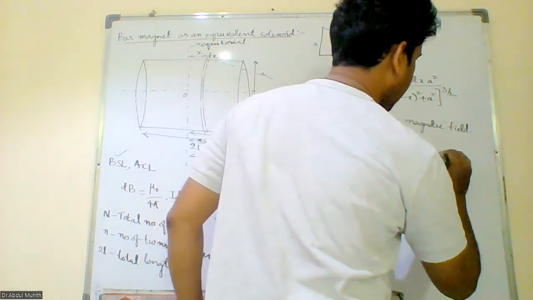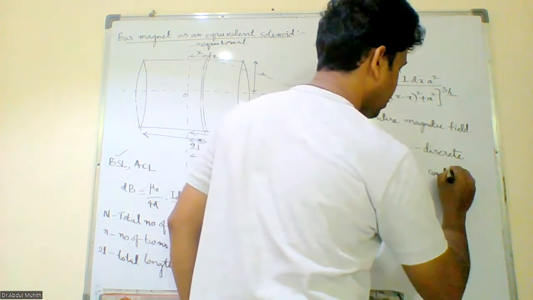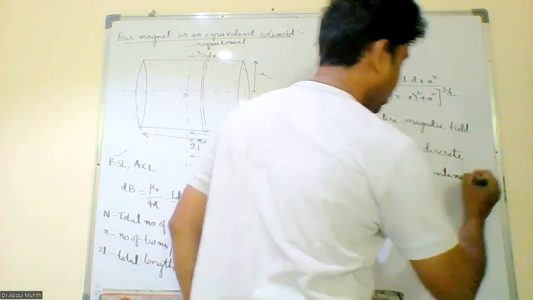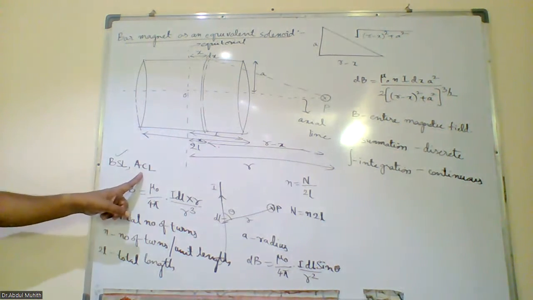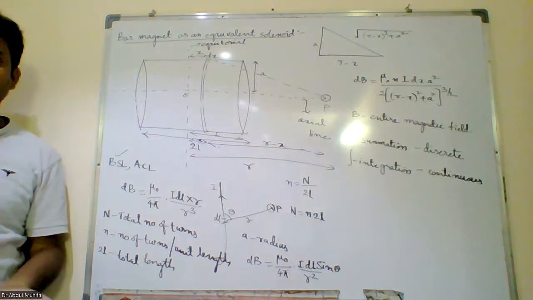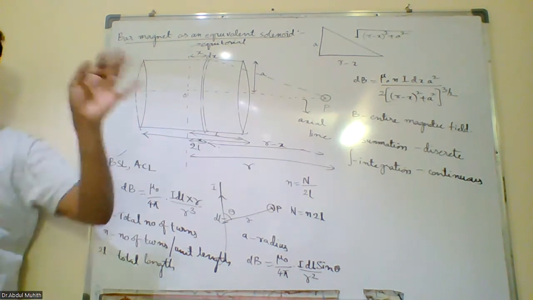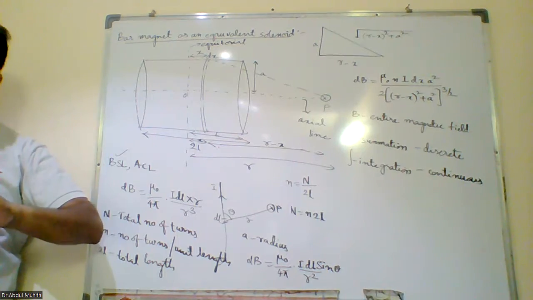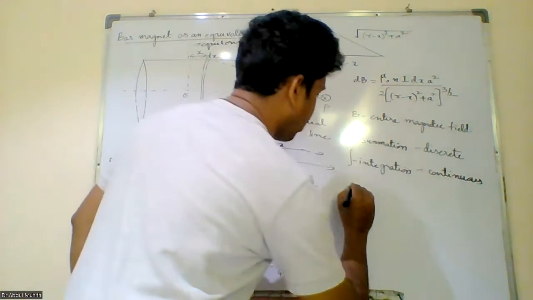Whenever we have discrete values, we use summation, and whenever we have continuous values, we use integration. So Ampere used integration for that reason. I am going to find the full magnetic field only, so why waste my time doing summation? Got it?